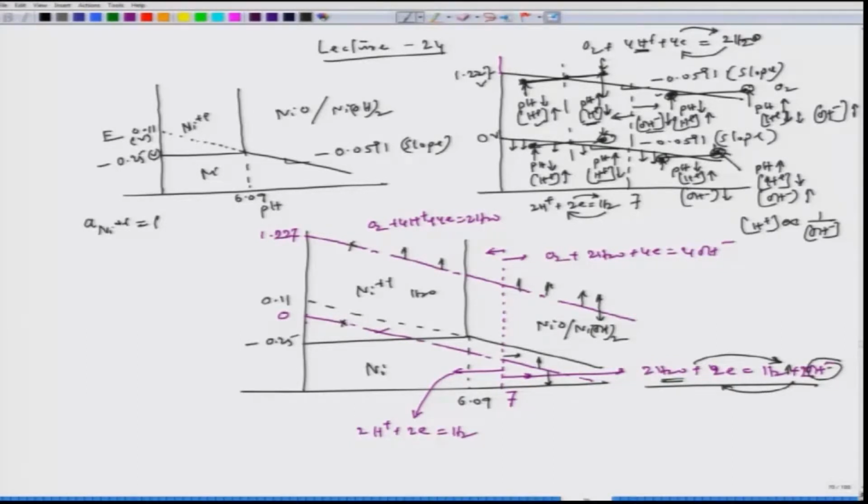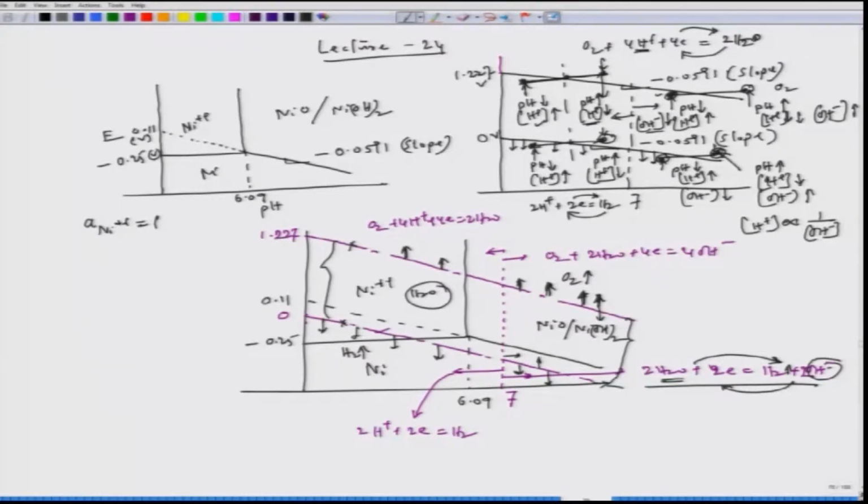So, below this line we have H2 gas, and above this water line we have O2 evolution, and within this zone we have H2O. So, this is the basic mode of constructing this Pourbaix diagram.